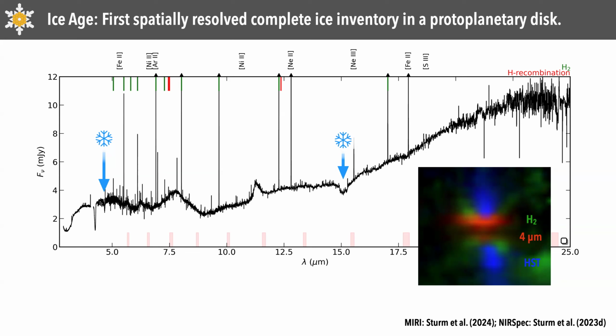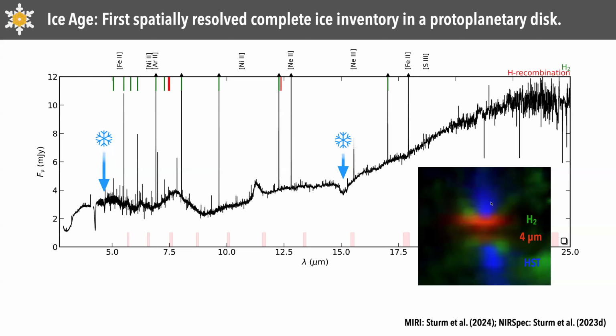And we know that this is the geometry that we have for this disk because we observed it using the MIRI MRS mode and the NIRSpec IFU mode of JWST. These two modes essentially take a picture with a coarse number of pixels at each wavelength, so you can actually see the spatial structure of the target that you're looking at.